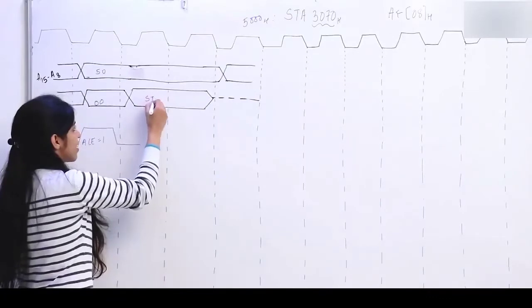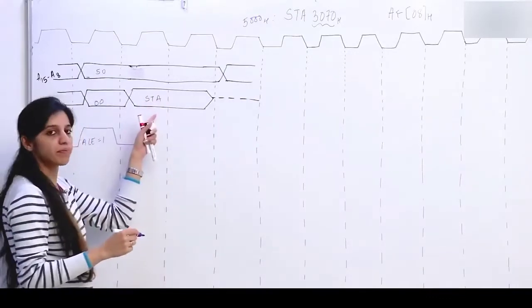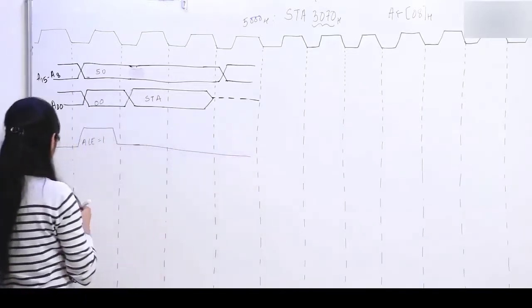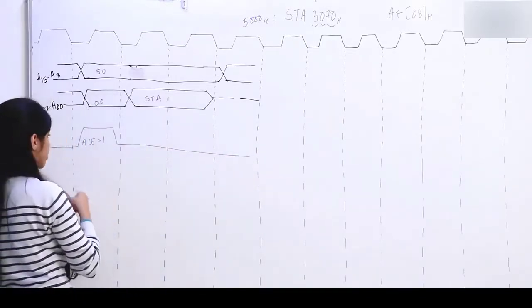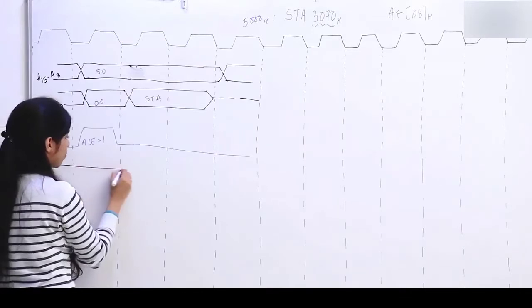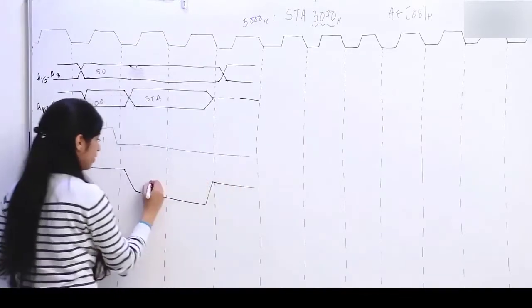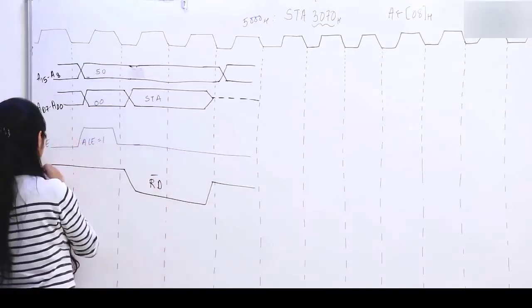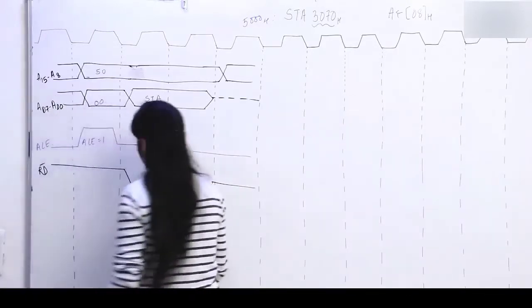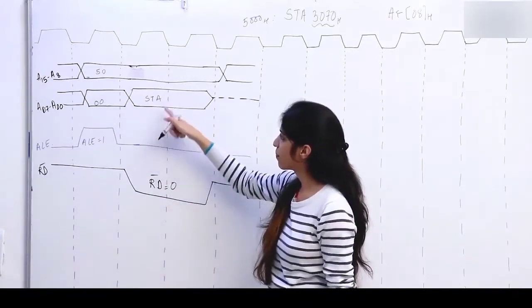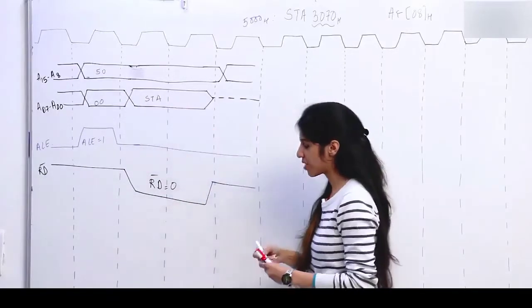So STA is going to come in the data bus, ALE is low. Also, to read this instruction from memory, we are going to give read bar. Since this read is active low, we are going to make it 0 for these two clock pulses. So now you have got the instruction STA.